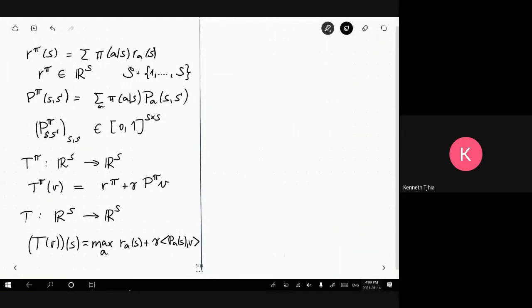Another convention that you will see a lot is that we don't like to write that many parentheses. So from now on, instead of T pi V, we allow ourselves to write T pi of V, and the same with this operator. What happens then with things like TV at S?